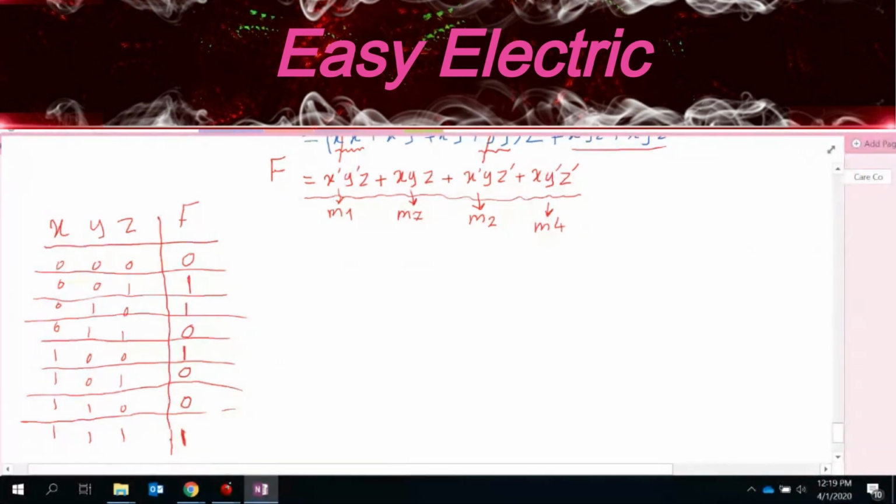So what I see here, could I tell this circuit is able to detect the odd number of 1s in the inputs? Yes or no? If you check, here we have the odd number, so that we just have 1, right? It gives us 1.